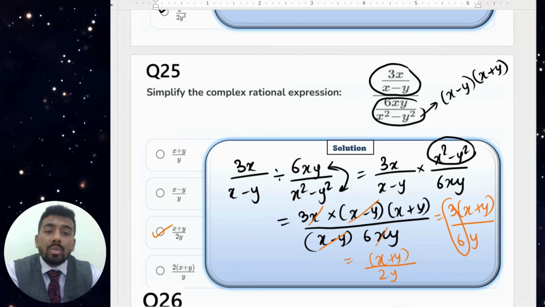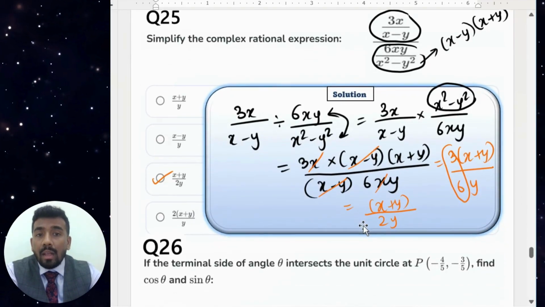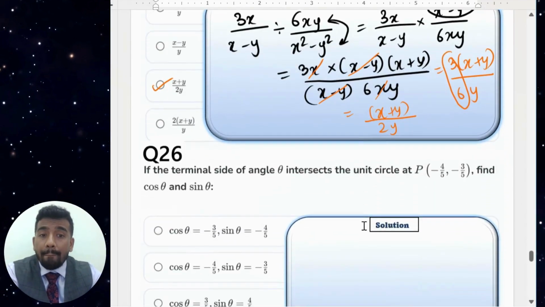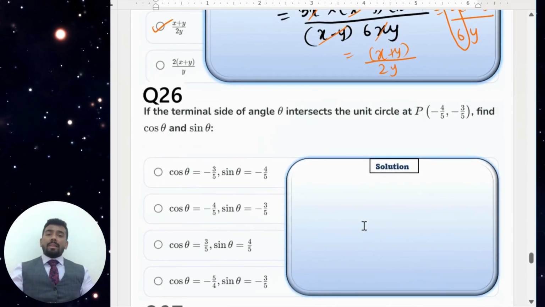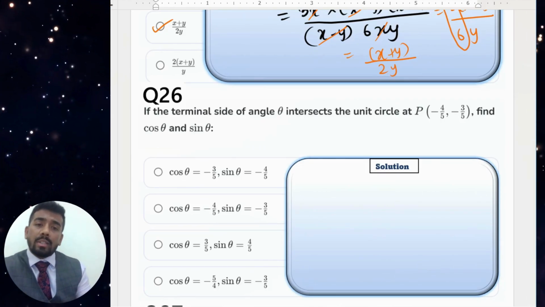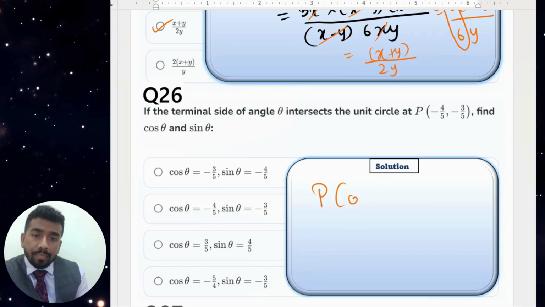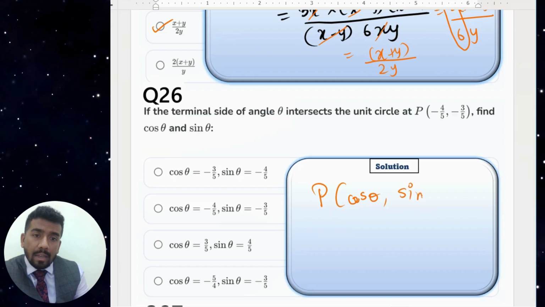In this way, I want you guys to remember how you simplify. Let's go to the next question. Again, the terminal side of angle theta intersects the unit circle at this point. You know these coordinates. What's the coordinate for P? It's cosine theta and sine theta.